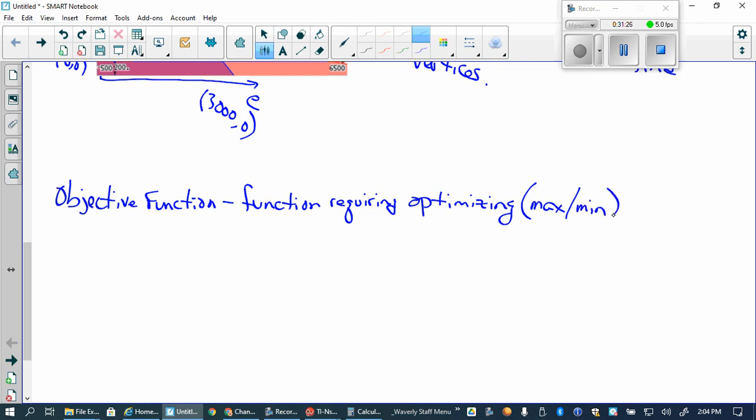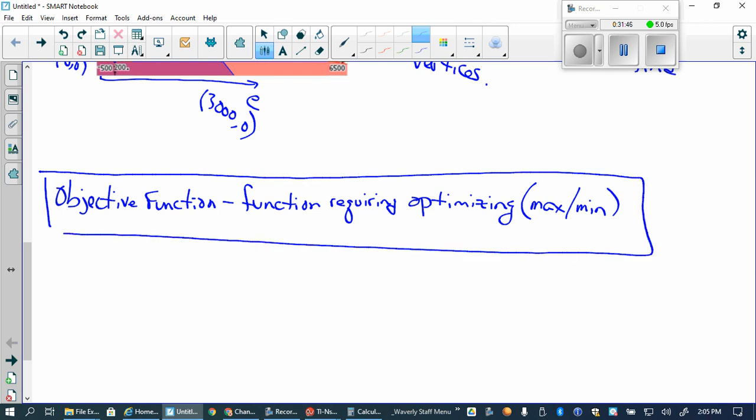You certainly don't want to maximize expense, right? If that's your function. So you use coordinates out to the right for max, and it'll be to the left for a min for the most part. So that's our objective function, which they did not give us.